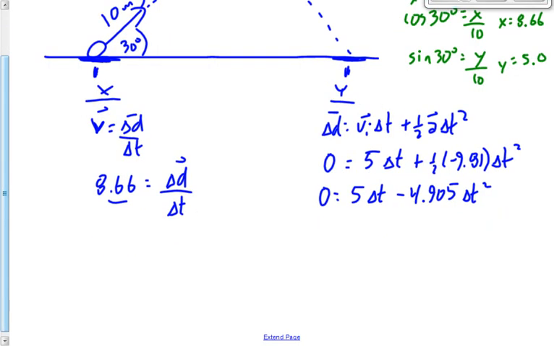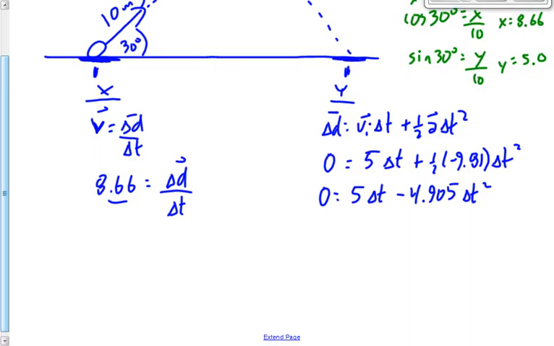I'm allowed to do whatever I want to this equation as long as I do it to every term in both sides. I can divide every term if I want by 16,145. I'm not going to do it because it's not going to be helpful to me, but I can as long as I divide every term.